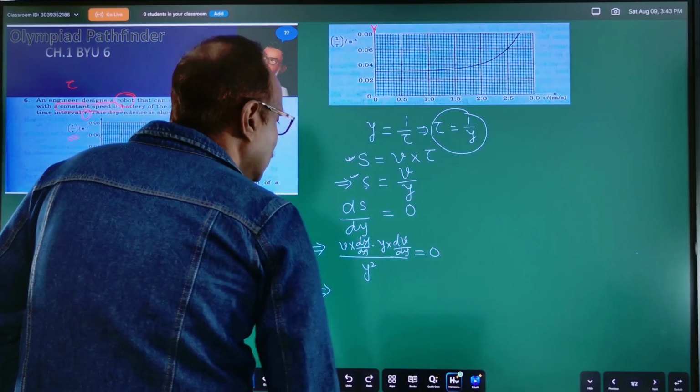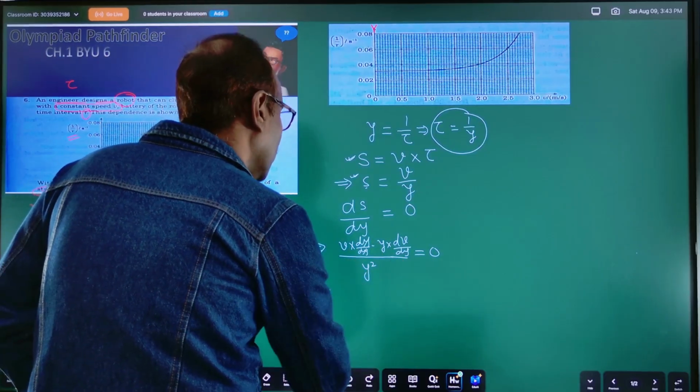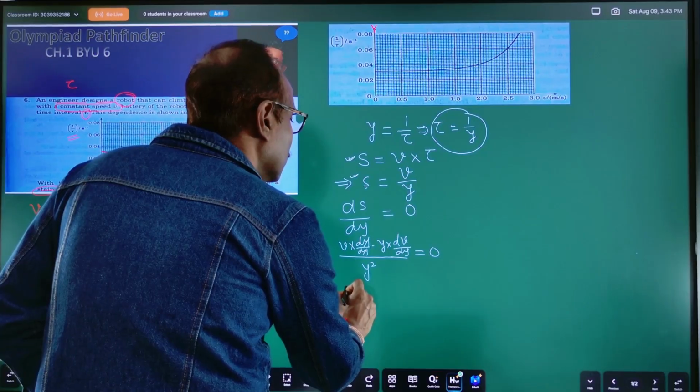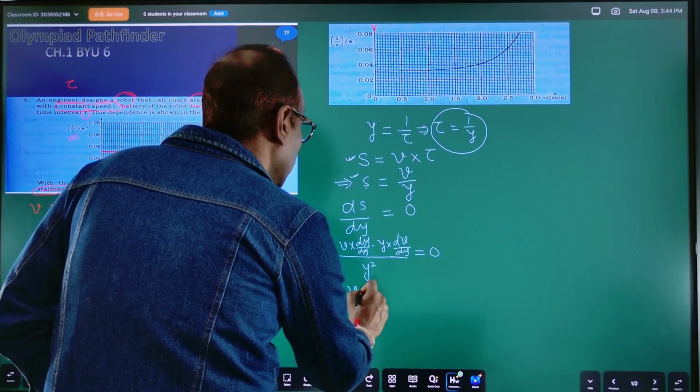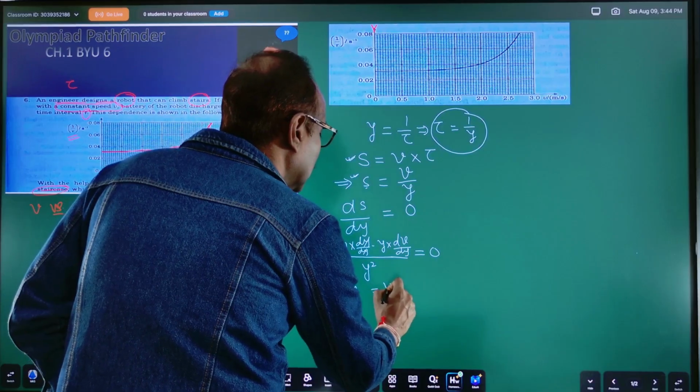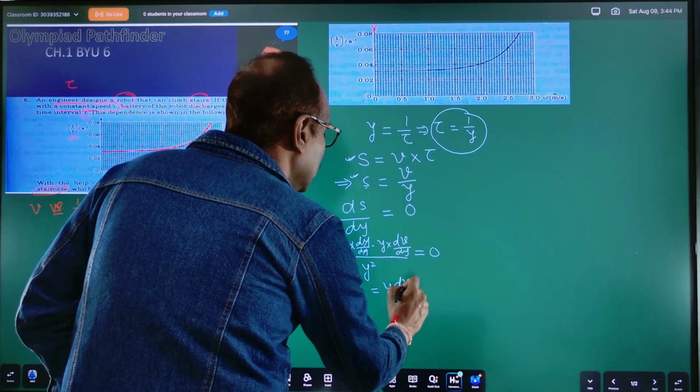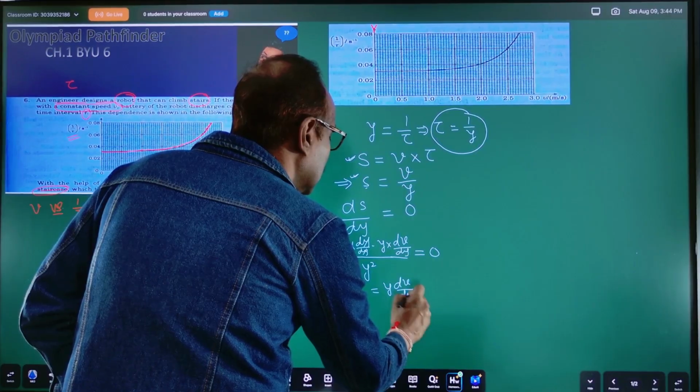So your equation will become v is equal to y dv by dy.